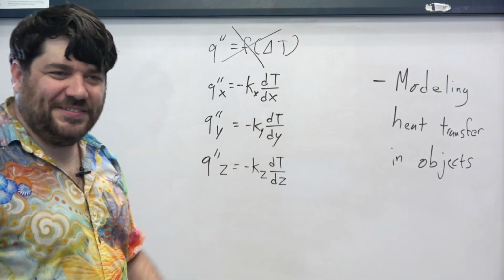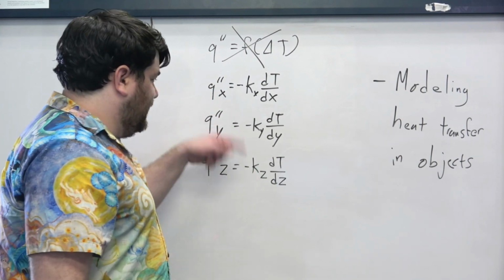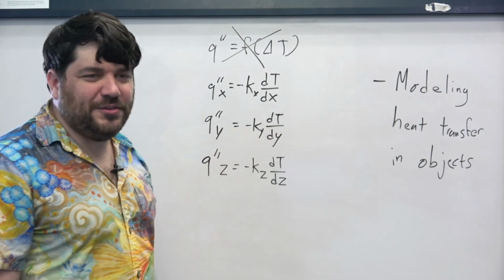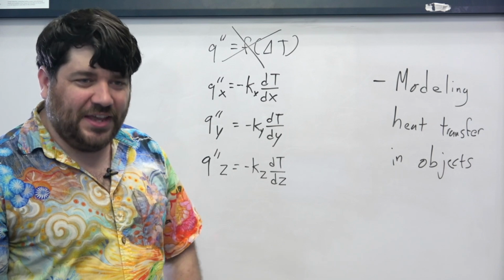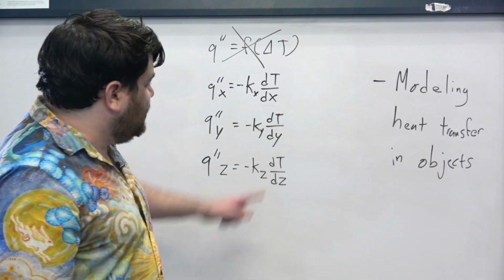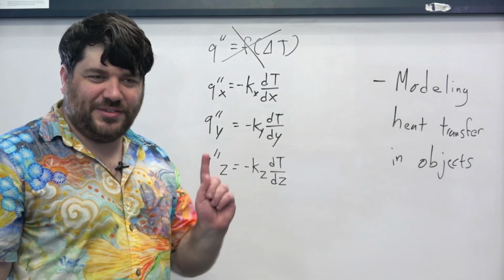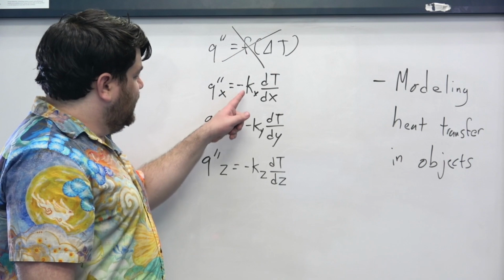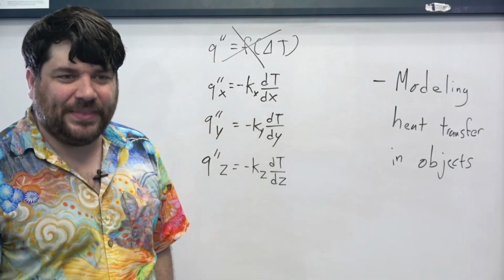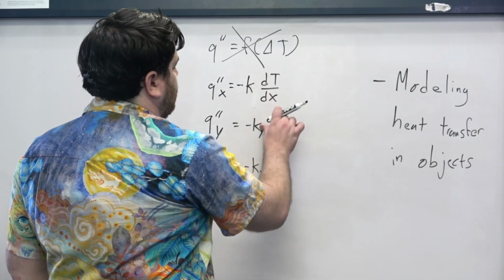Right? So we can define our different directions and then construct equations that tell us what the heat flux is in those directions as a function of the rate of change of the temperature in space in those directions, multiplied by this thermal conductivity, multiplied by a minus sign. Now, most of the time, we don't have to worry about these subscripts.